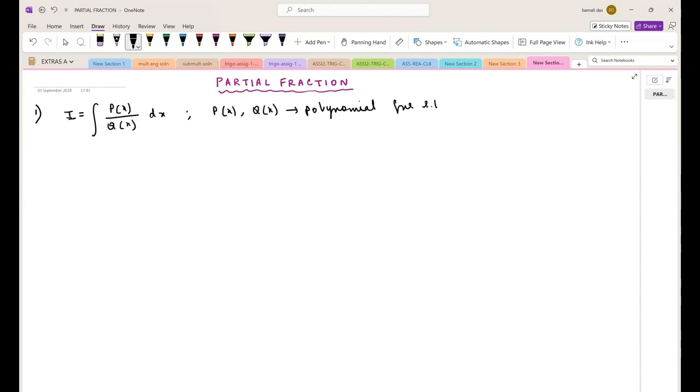such that degree of the numerator function px should be less than degree of the denominator function qx. So this is very, very important, the most important part, that in order to apply partial fraction, you have to ensure that the numerator polynomial has a degree strictly less than the degree of the denominator polynomial.